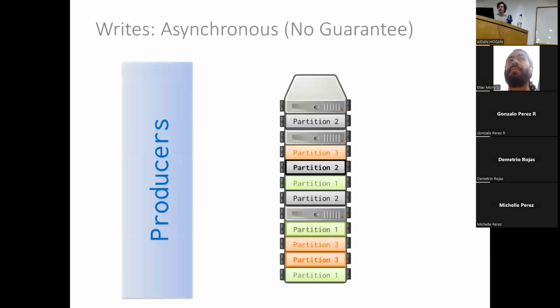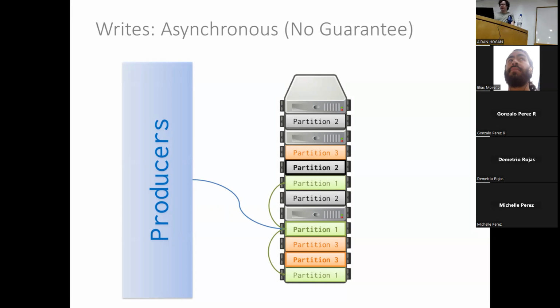Okay. So first of all, let's have a look at the write guarantees. What are the guarantees for writing and how does it work with this leader and the partitions and so forth? A producer writes a message, and let's say the producer is writing a message to partition 1 of a topic.